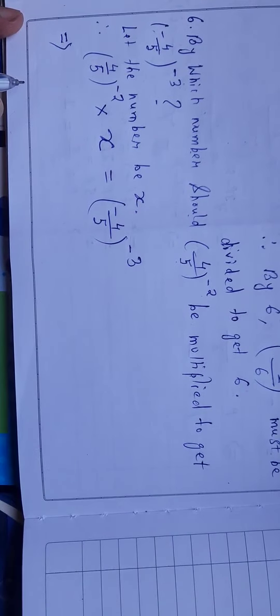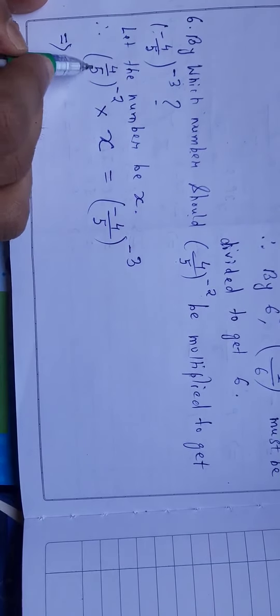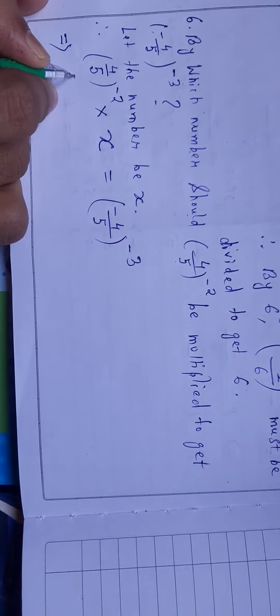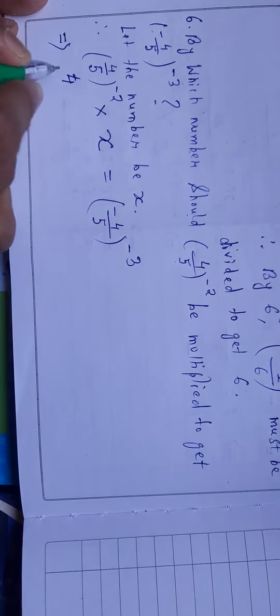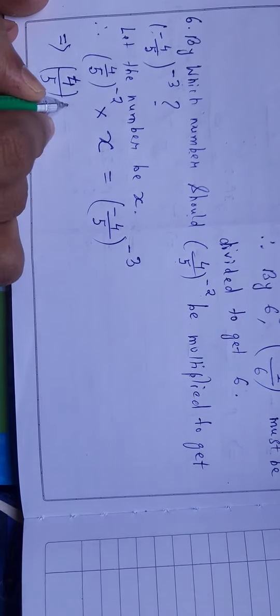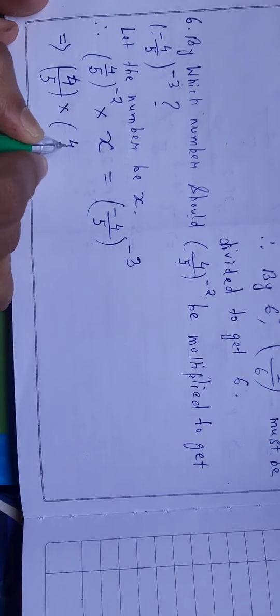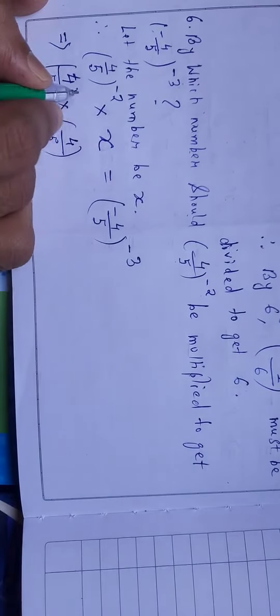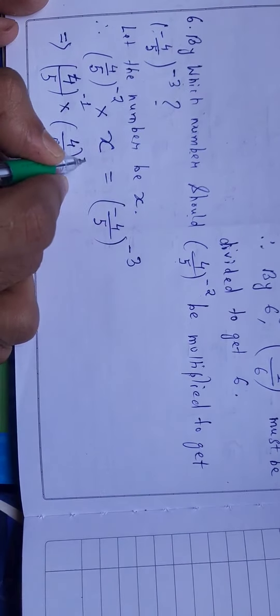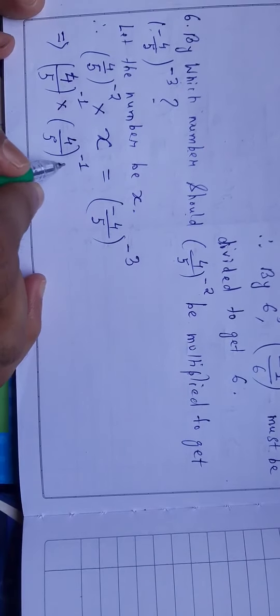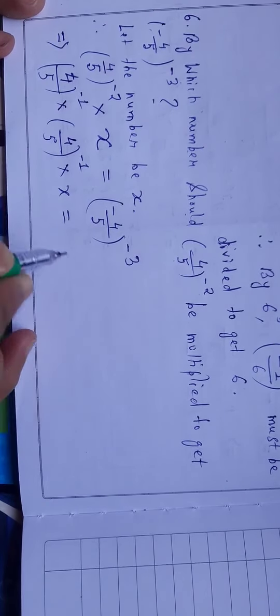Now for simplicity, since it is (4/5)^-2, I can write (4/5)^-1 into (4/5)^-1, 2 times, into x equals.